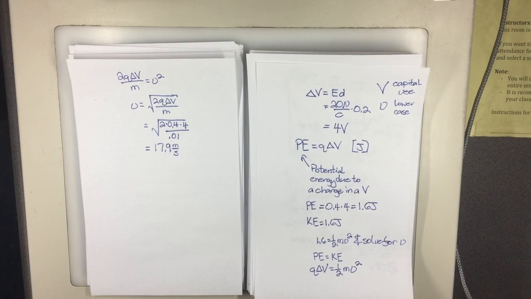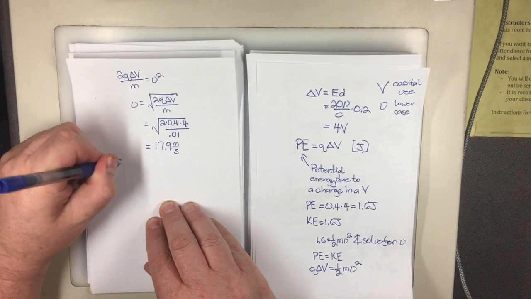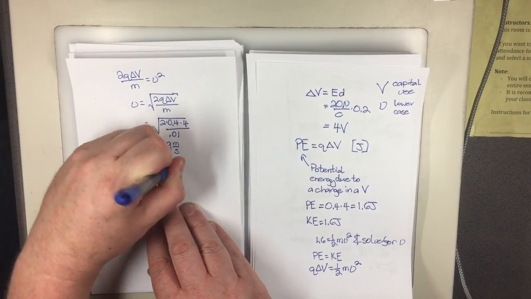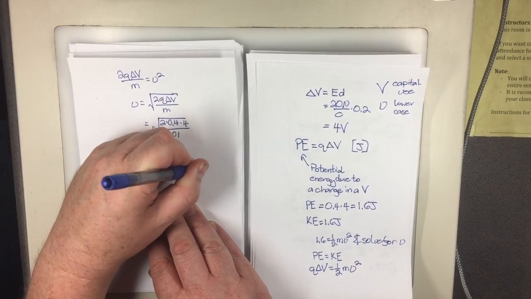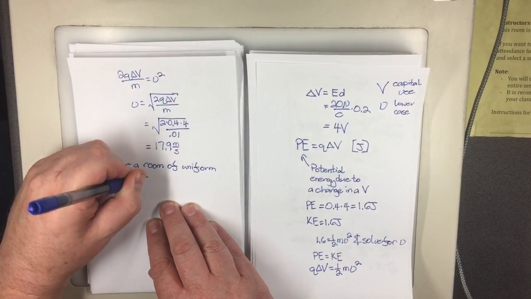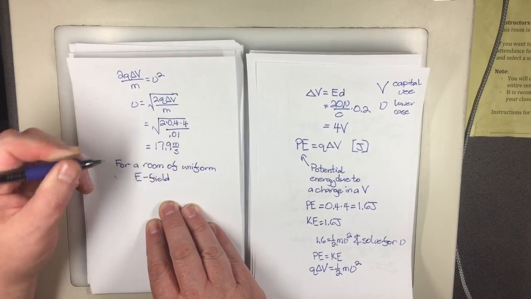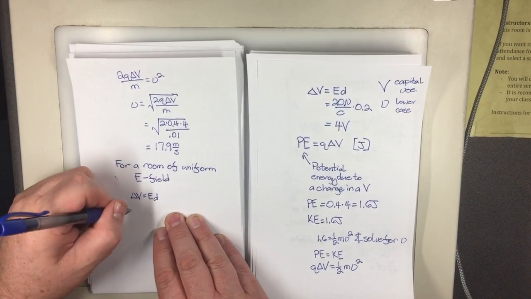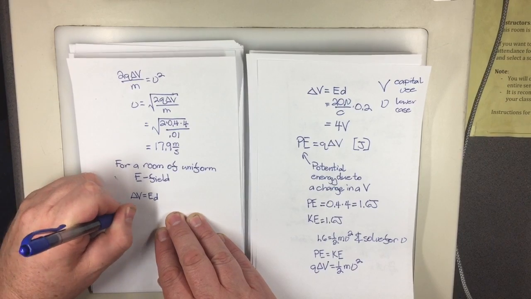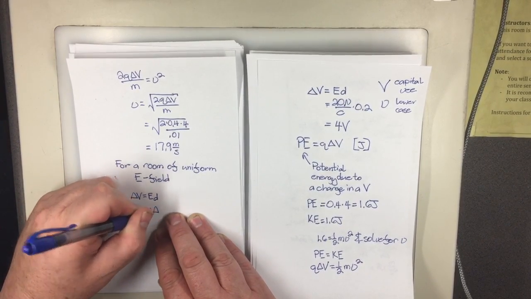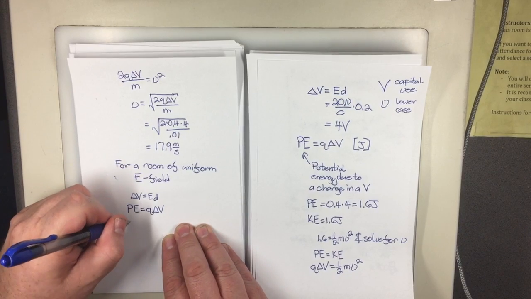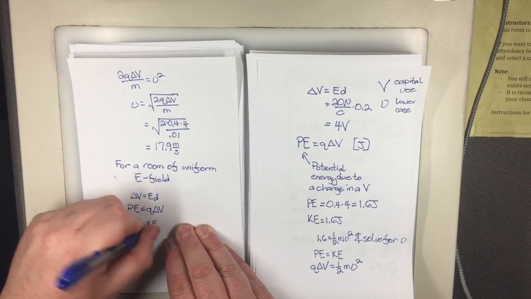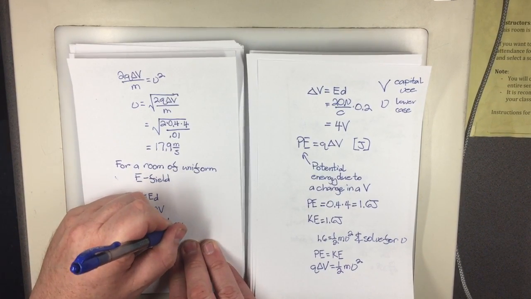So what we did here was, for a room of uniform E field, we use the equations delta V is equal to ED, PE is equal to Q delta V, and then for the last bit we used PE is equal to KE, which is equal to 1/2 mv squared.